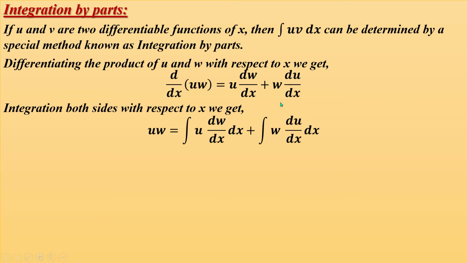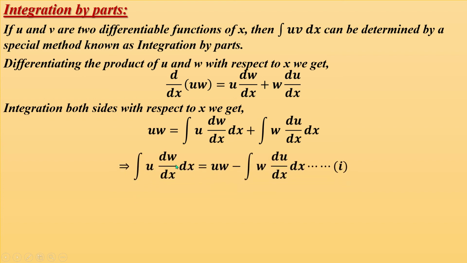Now we bring this to the left side. As a result, the integration of u times the derivative of w is equal to uw minus the other integral. This is equation number 1. Now let the derivative of w with respect to x be equal to v. By integrating this with respect to x, we get w equal to the integration of v dx.